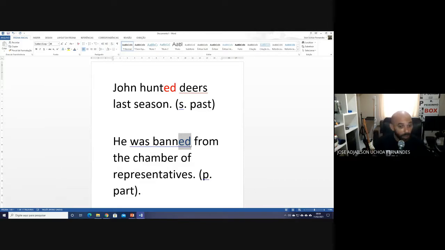And what gives us this idea of difference is an irregular verb like break, which has three forms: break, broke, broken. This banned here is closest in meaning to broken than to broke. Now, this hunted here is closest in meaning to broke than to broken. This is participle. This is simple past.